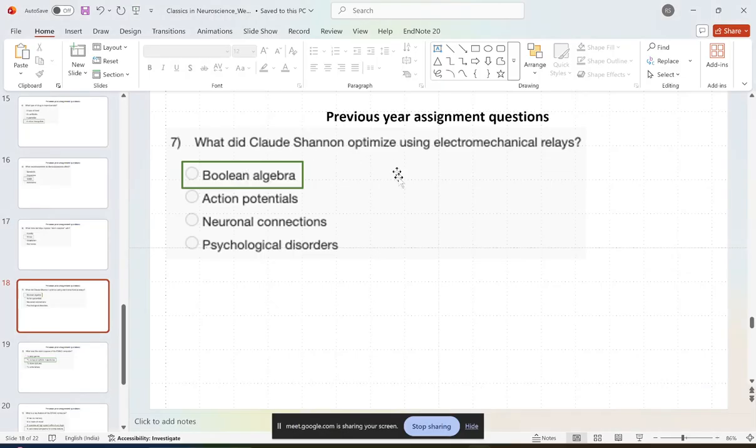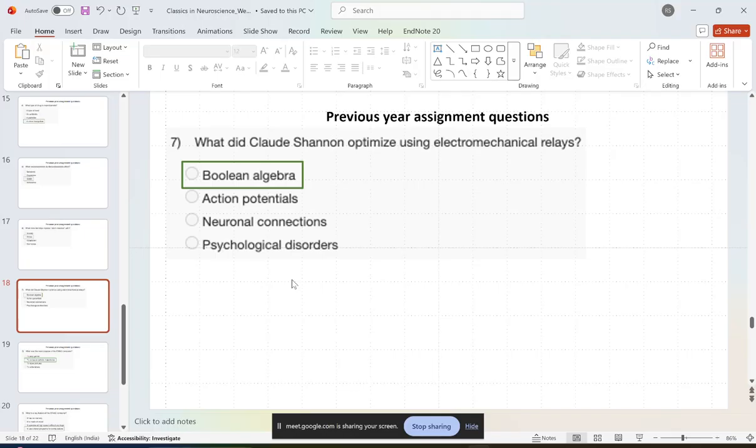So, what did Claude Shannon optimize using electromechanical relays? He optimized Boolean algebra using electromechanical relays, and in fact, an interesting tidbit: the AI tool known as Claude is actually named to honor Claude Shannon. Claude Shannon later also worked on artificial intelligence, and he worked on the Theseus maze. It is a very interesting thing that he developed.